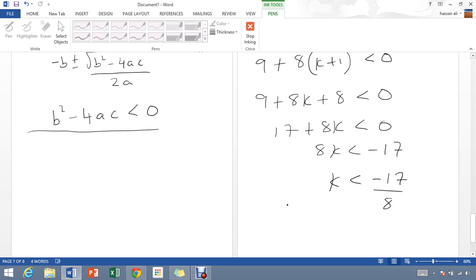So k is any number less than minus 17 over 8, therefore it cannot have any roots.